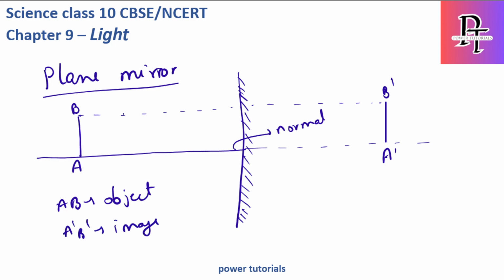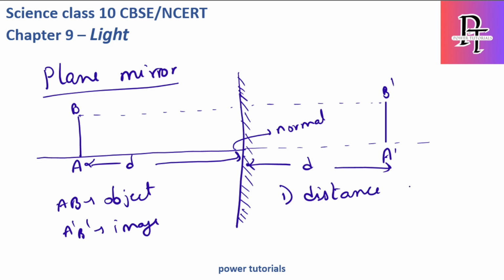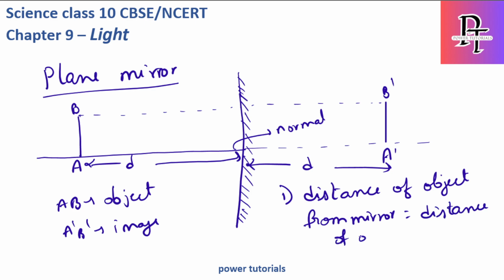Okay, if I say this distance is D, then we'll also get the same distance D here. So the first point: the distance of the object from the mirror is equal to the distance of the image from the mirror, or simply, the distance of the object is equal to the distance of the image.